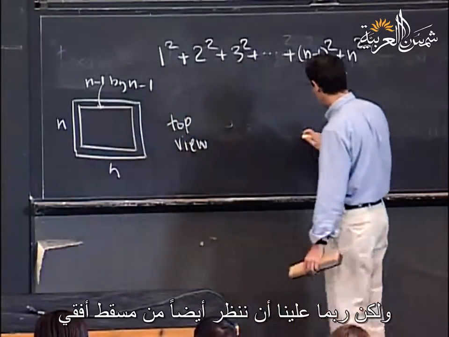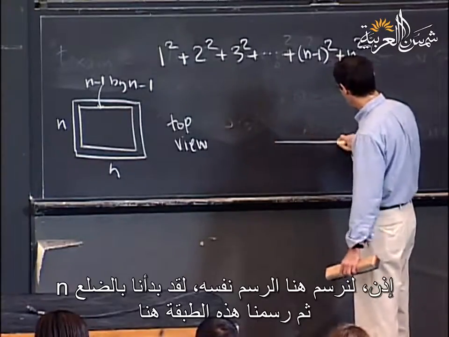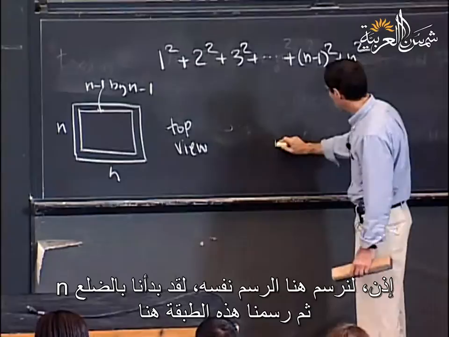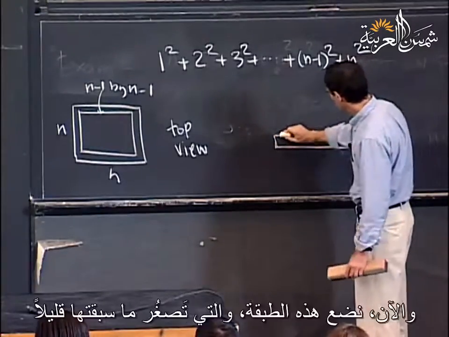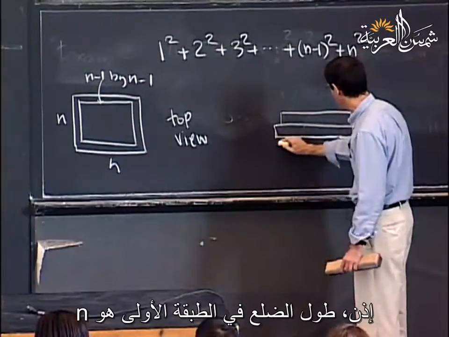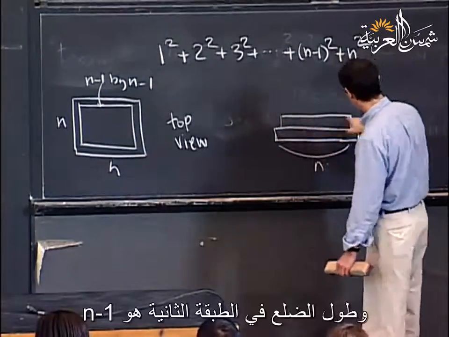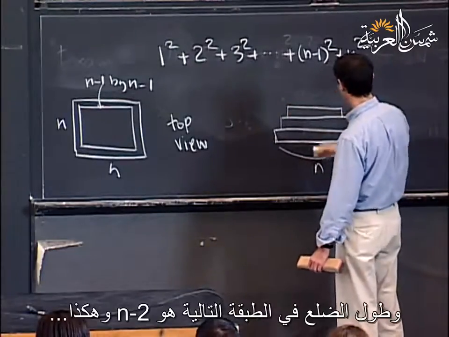But perhaps we should also think in terms of a side view. So here's the same picture. Here we're starting at n, and we build up this layer here. And now we're going to put a layer on top of it, which is a little shorter. So the first layer is of length n. And the second layer is of length n minus 1. And then on top of that, we have something of length n minus 2, and so forth.